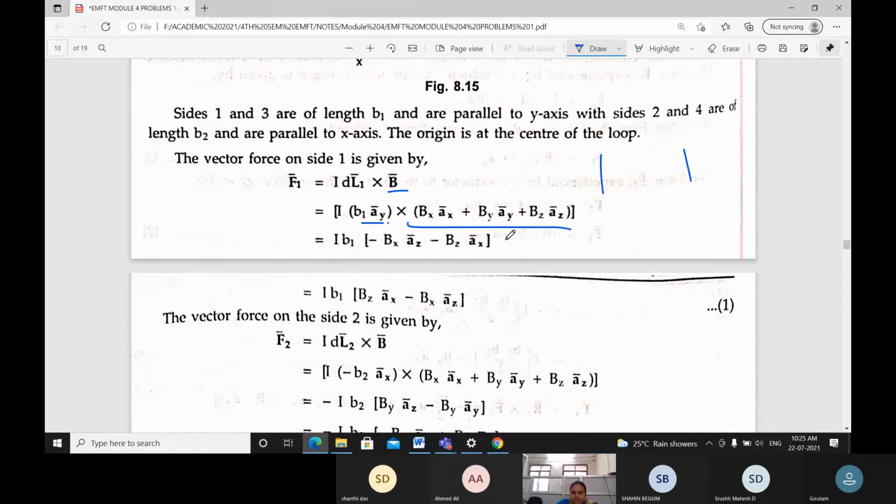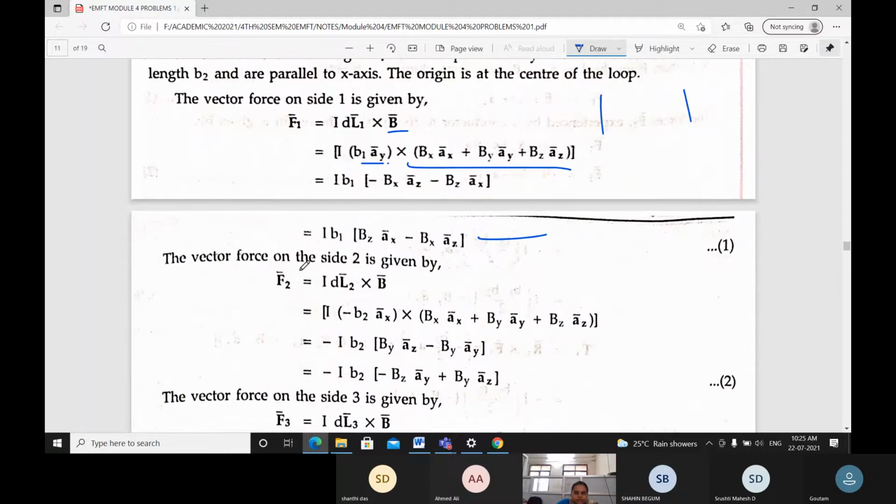Substituting directly, that is equal to I into B1 into minus Bx az minus Bz into ax. Then that is I into B1, taking the negative sign outside, so Bz ax minus Bx az is what you will get.